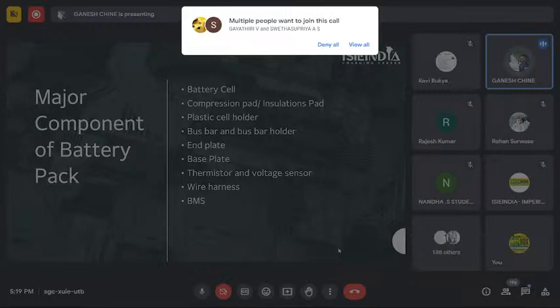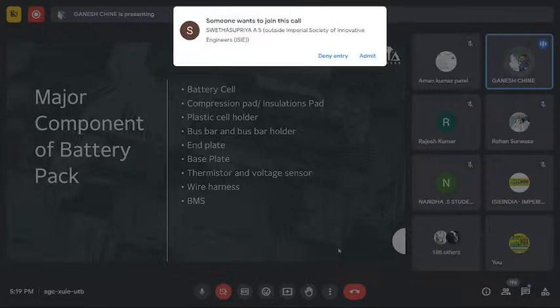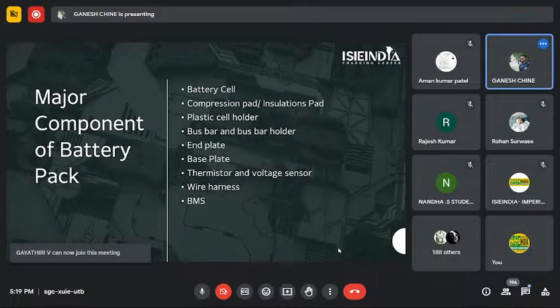Then plastic cell holders, bus bar and bus bar holders, end plate, base plates, thermistor and voltage sensor for sensing the various information from the battery pack: temperature, voltage and currents, wire harness and BMS.